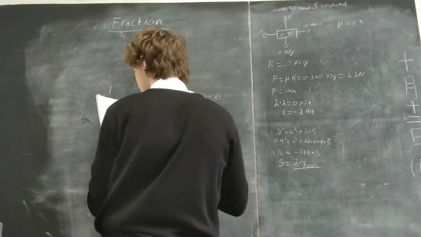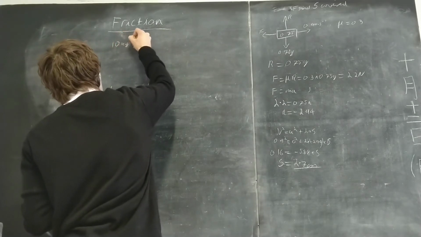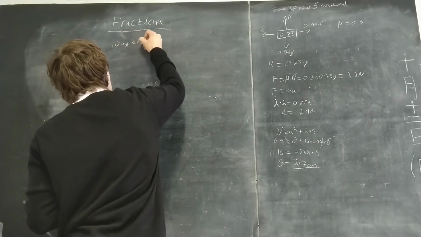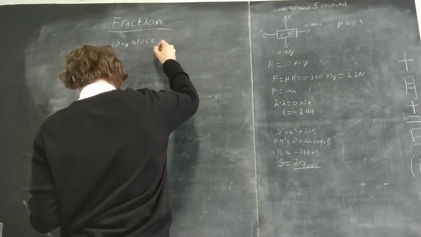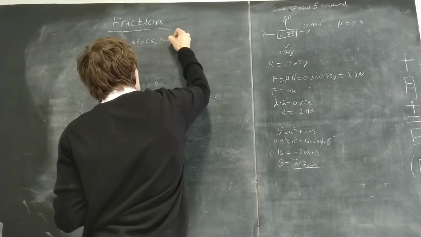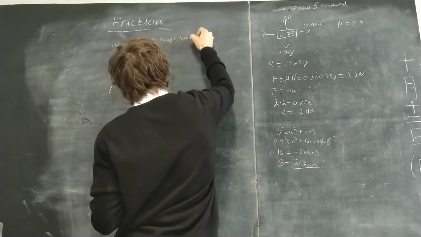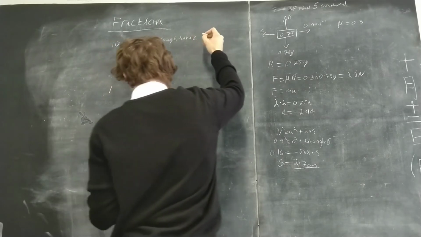So there is a 10 kilogram block on a rough horizontal floor.